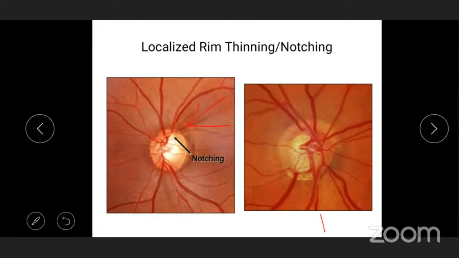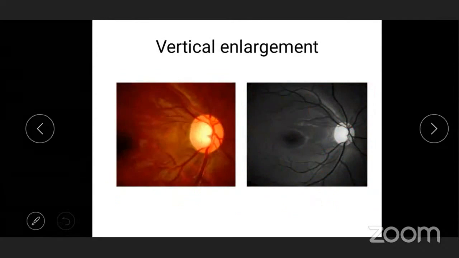So these two, inferior and superior, are the widest, thickest parts, and they are the ones commonly affected in glaucoma. Keeping this in mind, remember this, the next photograph: vertical enlargement of the cup, or if I say it the other way around, vertical thinning of the rim, is very, very diagnostic of glaucoma.